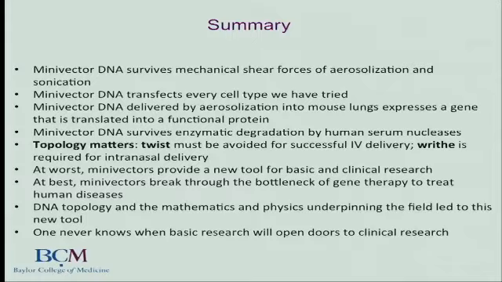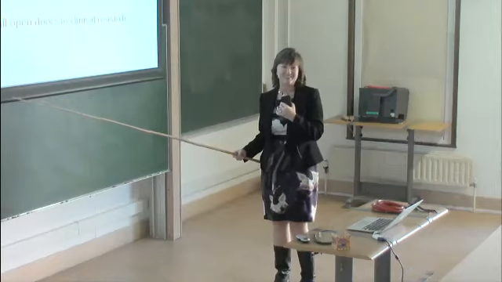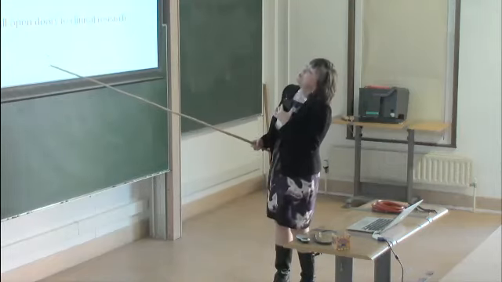And if you deliver the minivector DNA via aerosolization into a mouse lung, we got a functional gene encoding a functional protein out. So now, of course, we're putting in real disease, important disease genes. But this was just the proof of principle, because it's a lot easier to assay. The valuable postdoc years, as DeWitt referred to.